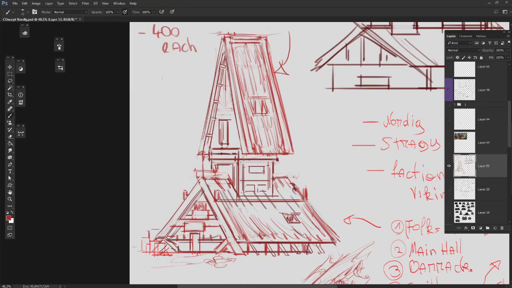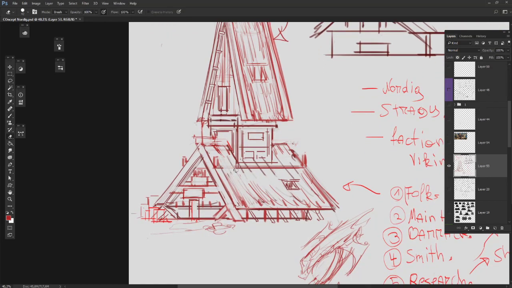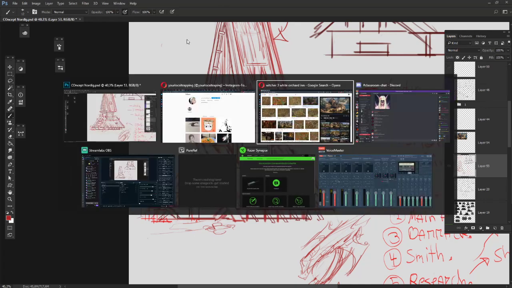A clock is too much, I think. Just simplify everything. We just try not to make everything really well established, because sometimes it's absolutely fine if it's not well established.